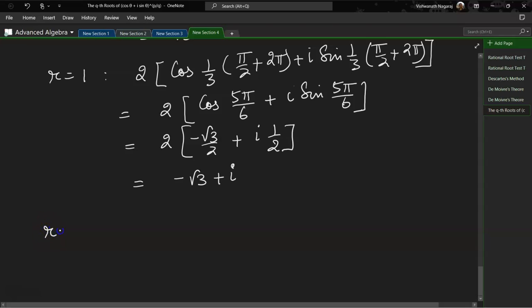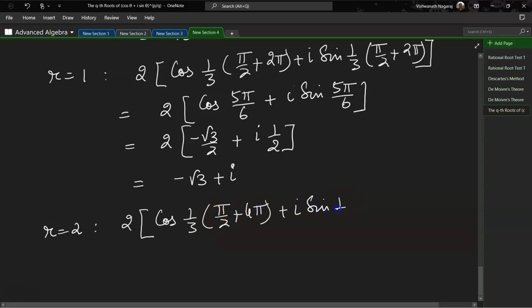Okay, now r is equal to 2. Here what happens? 2 times cos 1 by 3 times pi by 2 plus 4 pi plus I sine 1 by 3 times pi by 2 plus 4 pi.